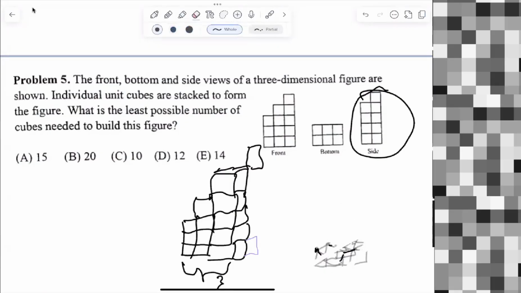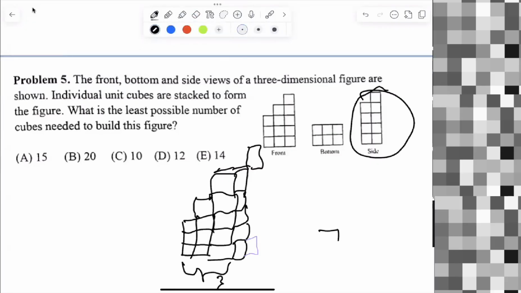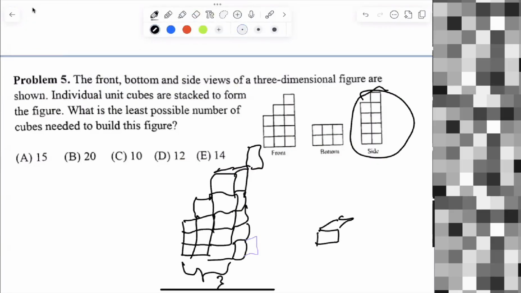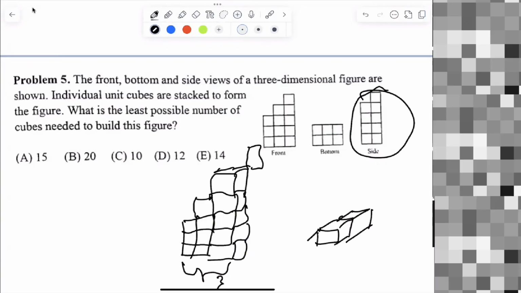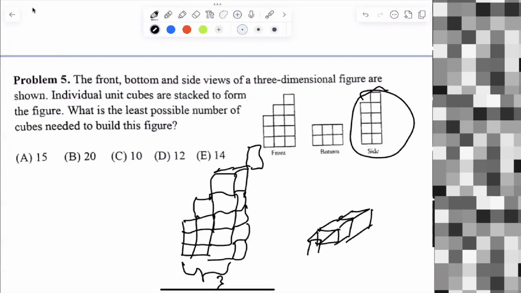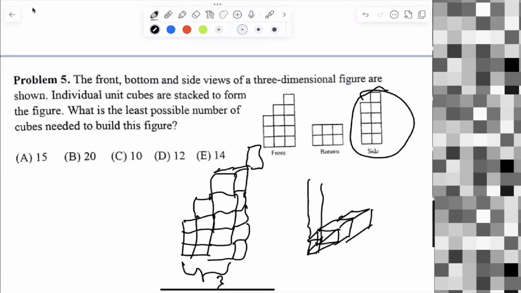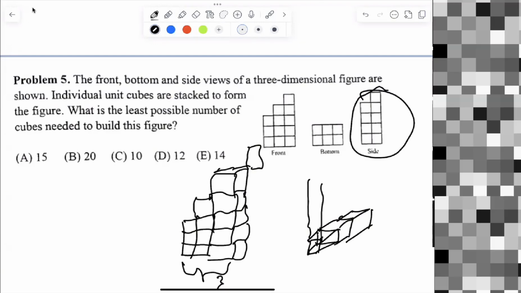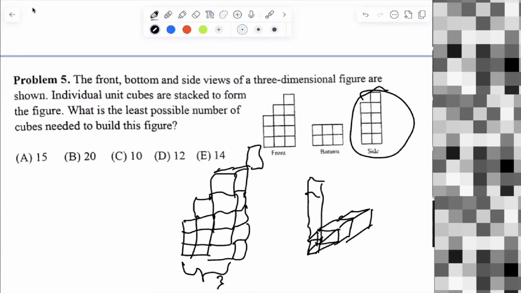All right, so what we have is these two slabs over here, and then we have the third one that's extended all the way to 6 blocks above. So there's going to be 6 blocks over here.